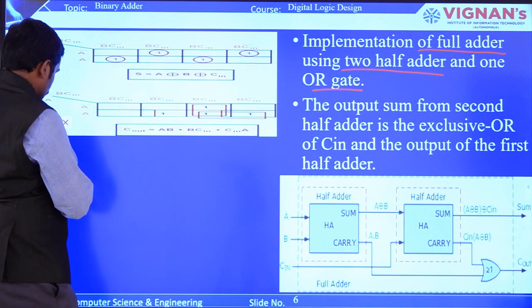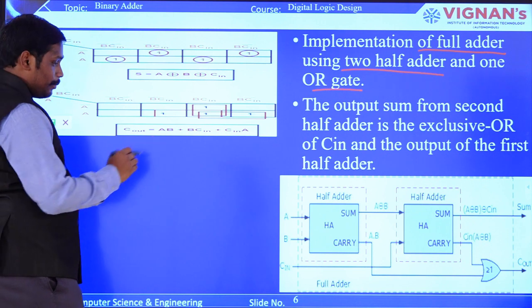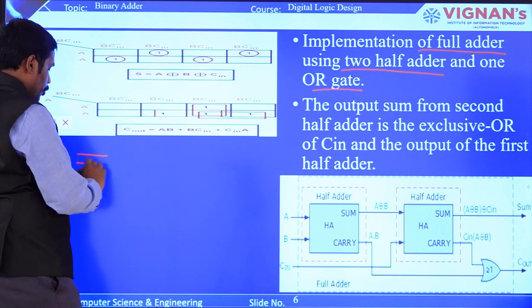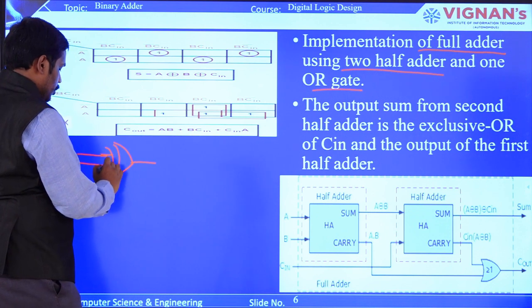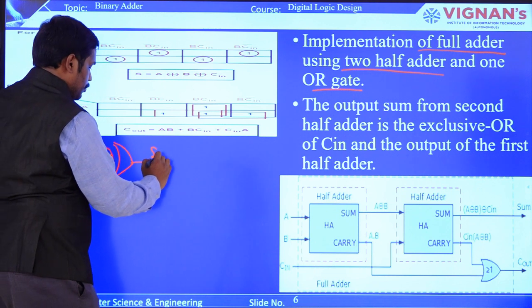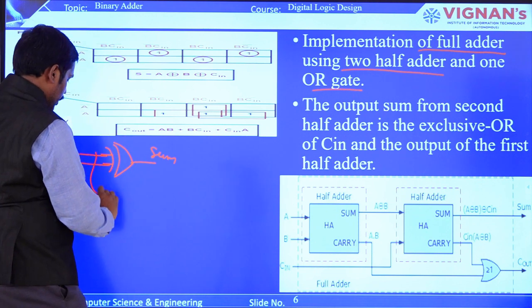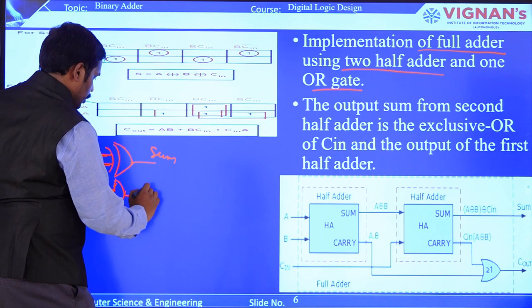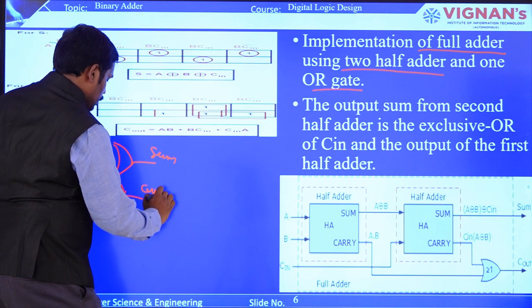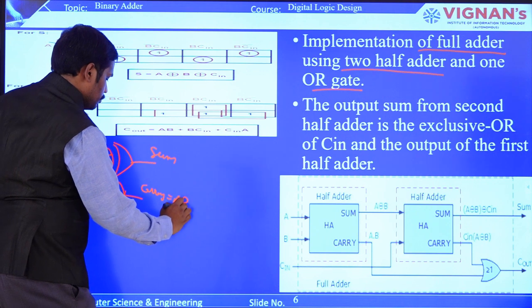For example, here you can see the logic diagram that we have generated for the half adder. You are going to have A, B, and you are going to have an XOR. Hope you remember it. So this is how you are going to get the sum, and from here you are going to get the carry, which is AB, right?